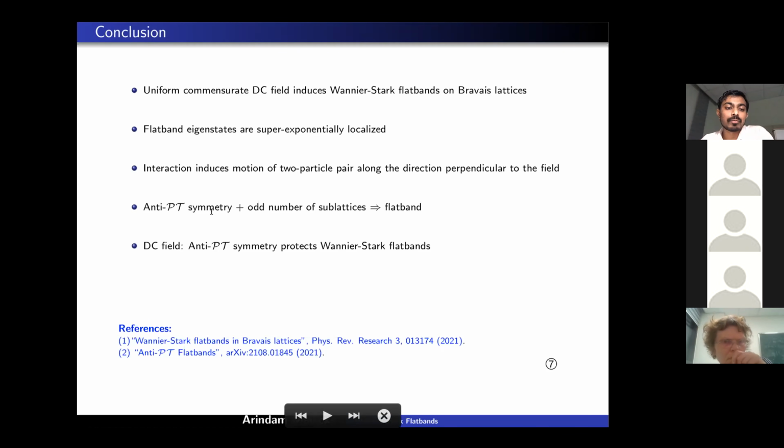Now, in the presence of antiparity symmetry and an odd number of sublattices, a non-Bravais lattice can hold a flat band. In the presence of a DC field, the same antiparity symmetry can protect Wannier-Stark flatbands in such systems.